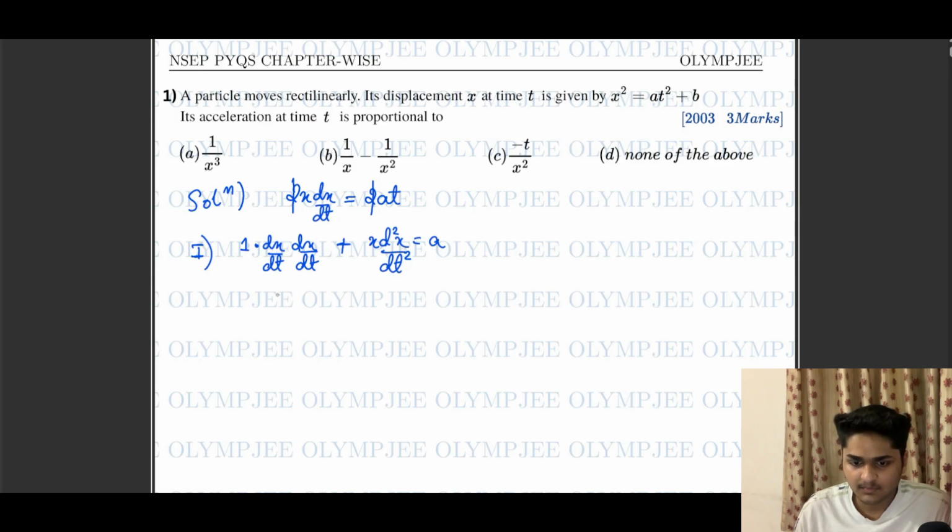So this will become a square t square by x square plus x multiplied by acceleration equal to a. From here we get acceleration is equal to a minus a square t square by x square, divided by x.